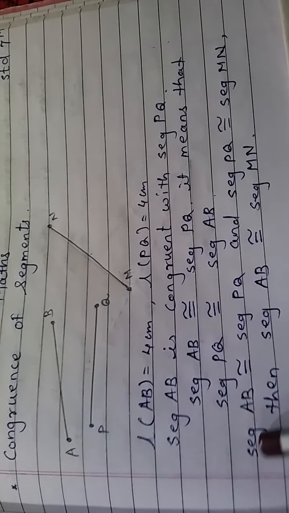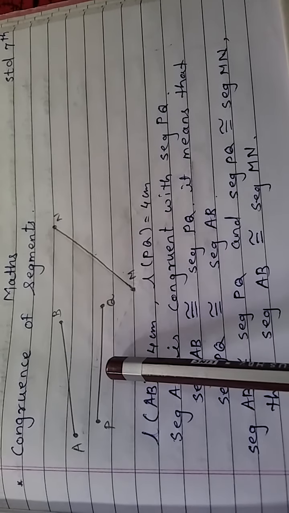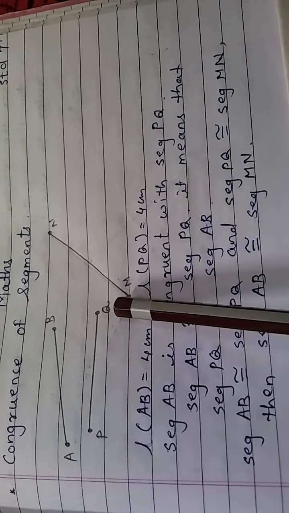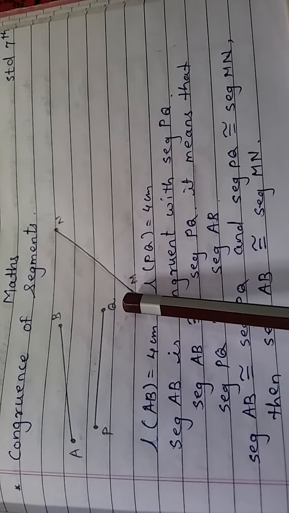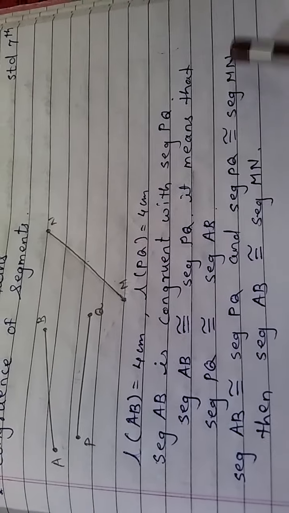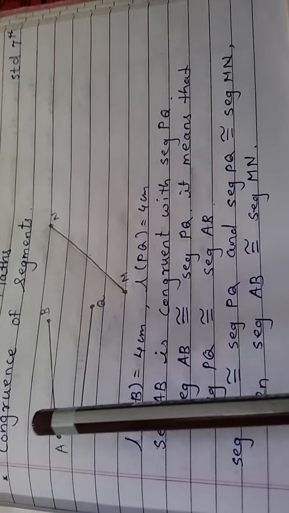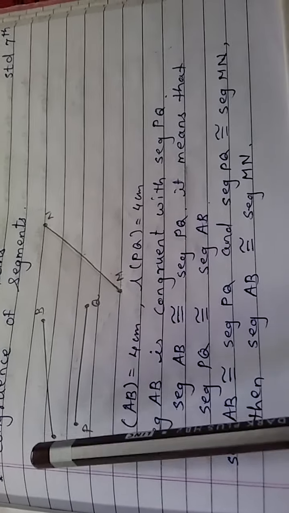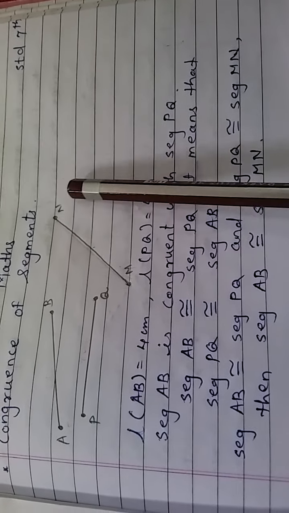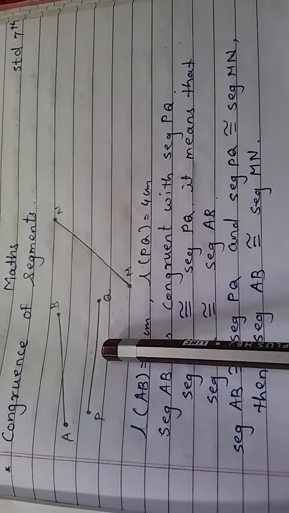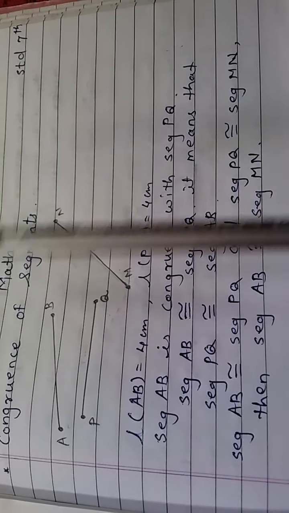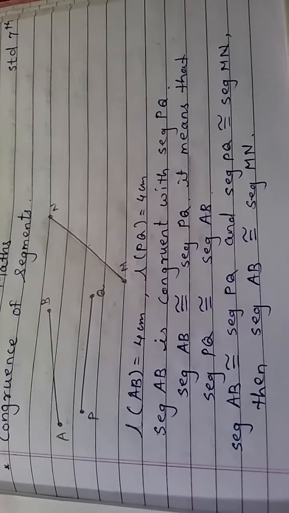Now how am I writing this? Segment AB is congruent with segment PQ, and segment PQ is congruent with segment MN. Then segment AB is congruent with segment MN.